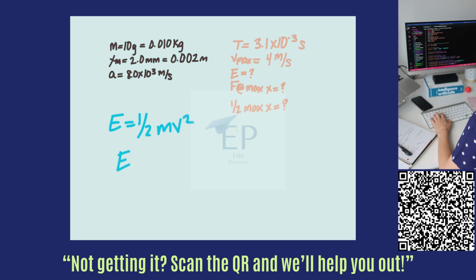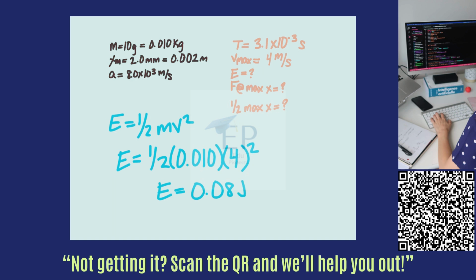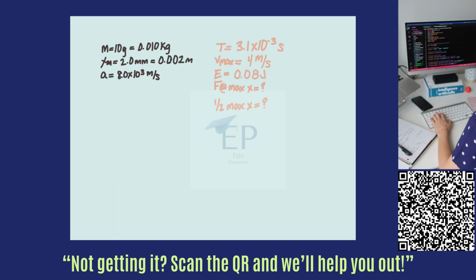So our energy is going to equal 1/2 our mass, which we're switching into kilograms from grams, so 0.010 kilograms, times our velocity, which we just found, 4 squared, and we get that our total energy equals 0.08 joules.